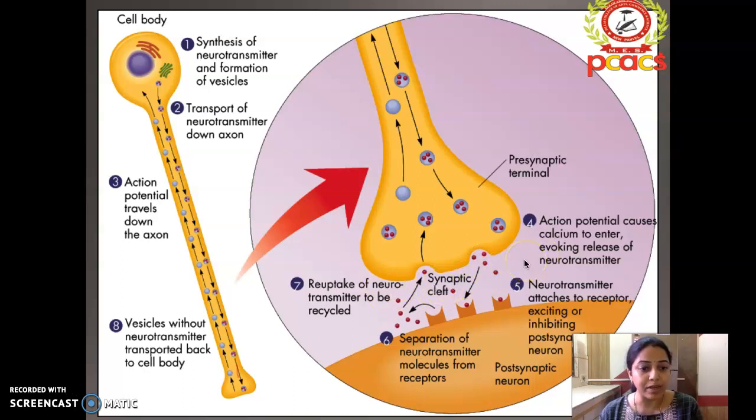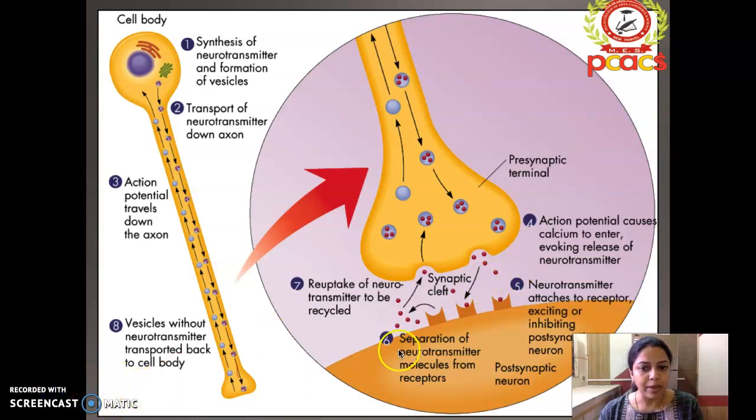So what is the synaptic cleft? It is the region between this presynaptic terminal, or the presynaptic membrane of the axon, which is carrying your neurotransmitters, and this postsynaptic membrane, which is a part of the dendrite of the next neuron, where the relay of the neurotransmission is going to take place.